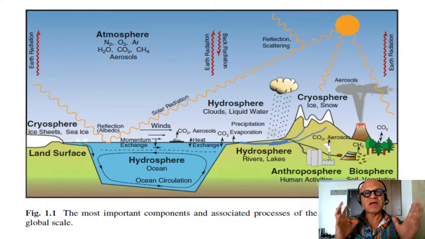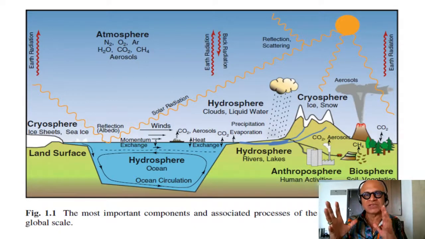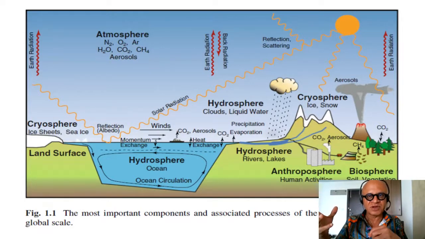I think you have some idea of what climate modeling means, or weather modeling, especially weather predictions. When we talk about the future, we are not throwing a dice to make forecasts, predictions.